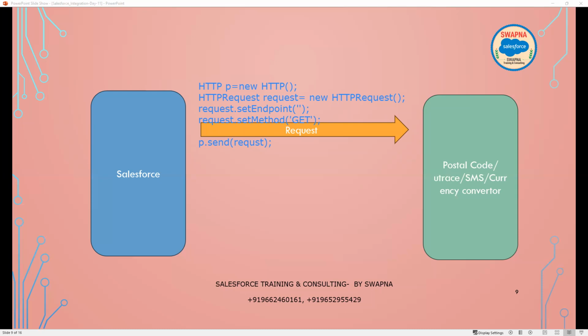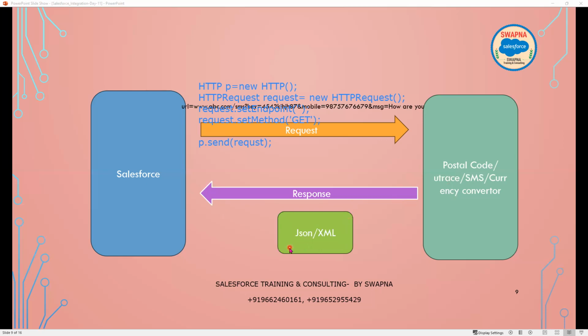The third party system gets this information, does some logic, and then it will respond back to us. It will respond the details back to the Salesforce. So this is what is happening right now, either in JSON format or XML format.